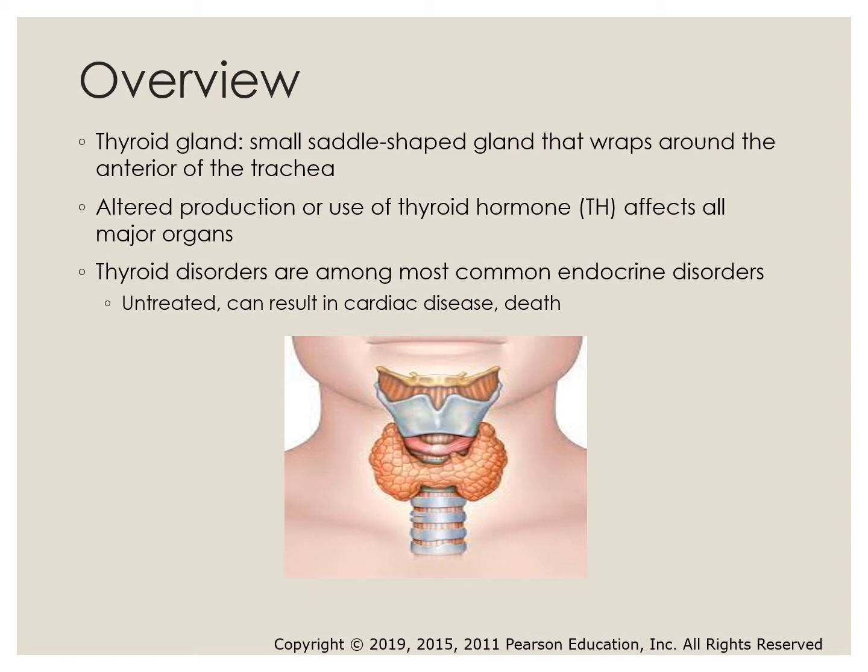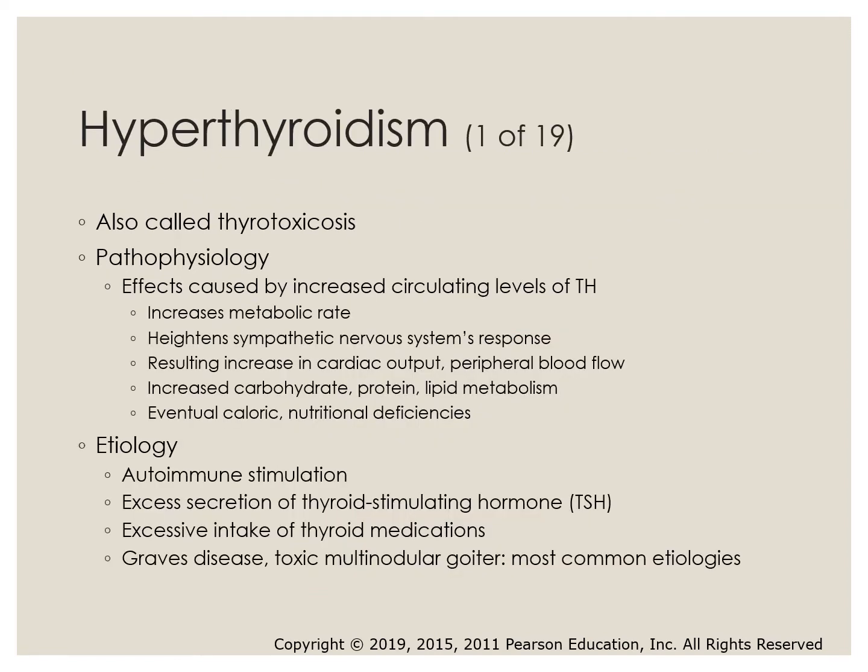It primarily affects cardiovascular, gastrointestinal, and neuromuscular function. Thyroid disorders are among the most common endocrine disorders, and if left untreated, can result in cardiac disease and ultimately death. It's not uncommon for a person with diabetes to have thyroid problems as well, because they're both in the endocrine system and they both affect metabolism.